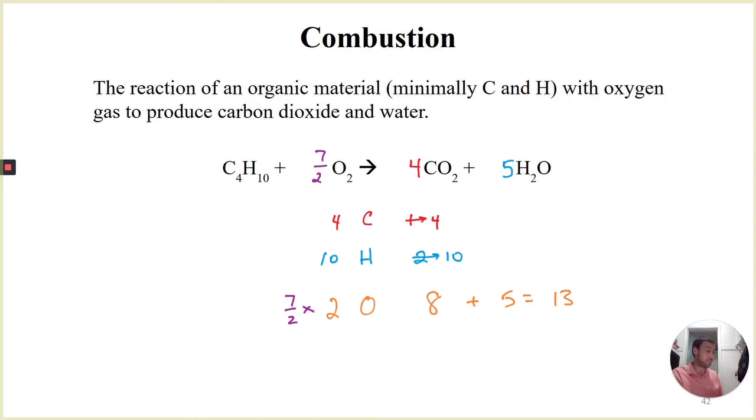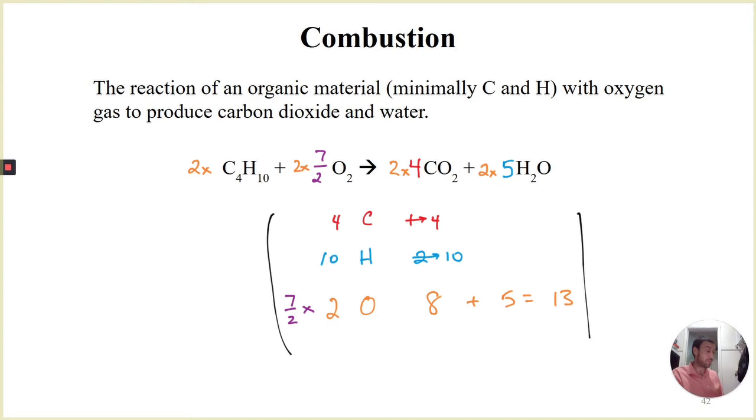We would have to multiply that entire equation by 2. What does that mean? 2 times, 2 times, 2 times, 2 times. Okay? What's the end result in that? So we're now making changes again.